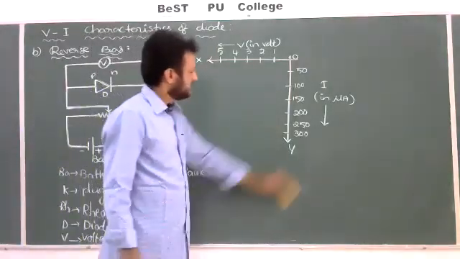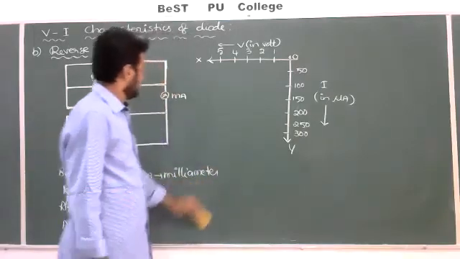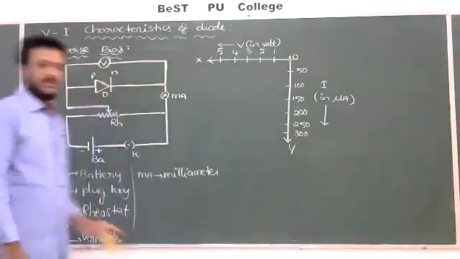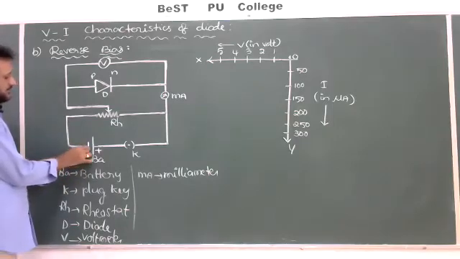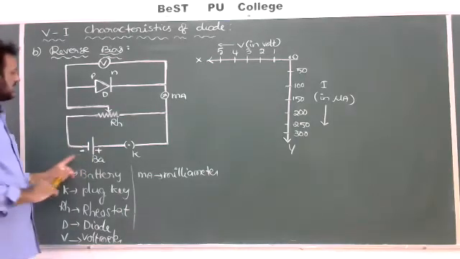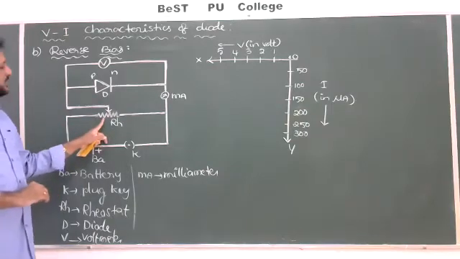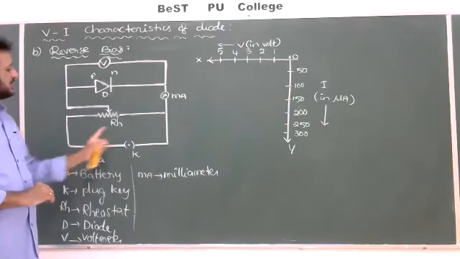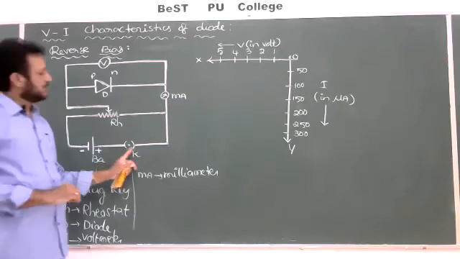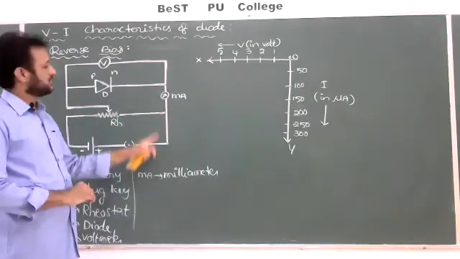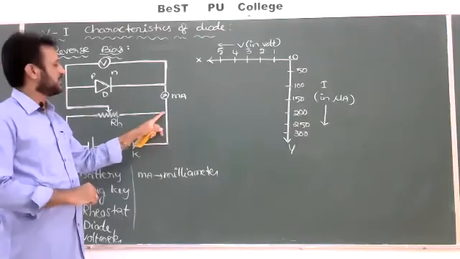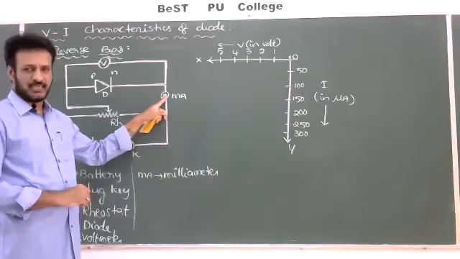But later I'll draw the graph. First check how the apparatus are connected here. In the given circuit, the negative terminal of the battery is connected to the rheostat and the positive terminal of the battery is connected to the plug key. Again the plug key is connected to the rheostat. From the rheostat or plug key you should take the connecting wires and connect one wire to the milliammeter.